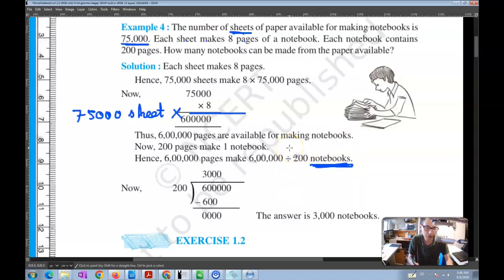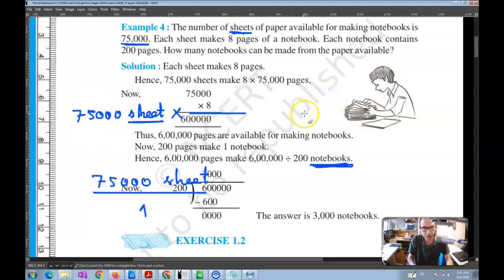This sheet is just a number that I'm multiplying by these numbers. So you can think of this as 75,000 sheets per one, right? Meaning that this sheet is actually in the numerator.